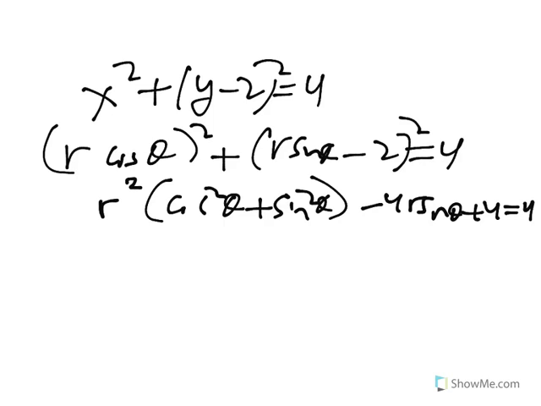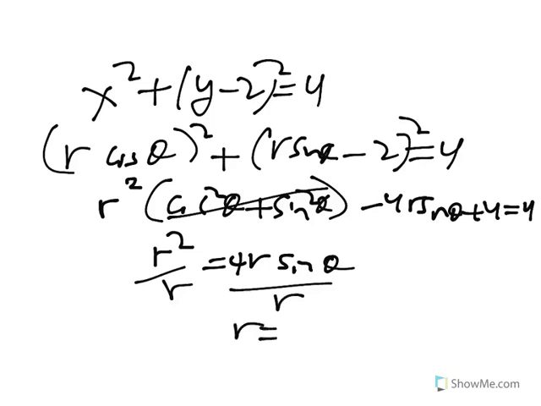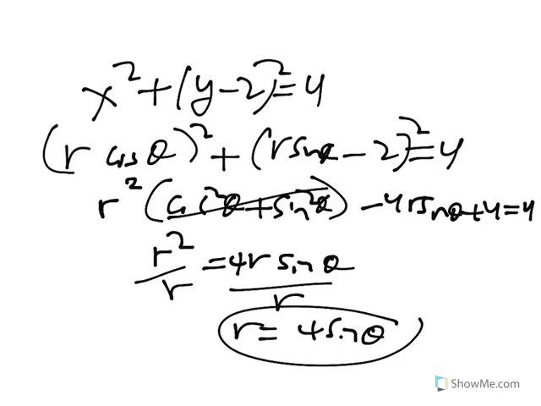This would be the rest of it. And then what works out nicely is this turns into 1 because of an identity. And we get r squared is equal to 4r sine theta. And we divide both sides by r to get r equals 4 sine theta. So we could go in the other direction for that also.